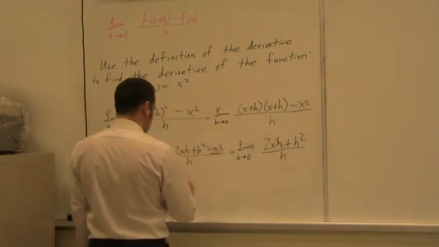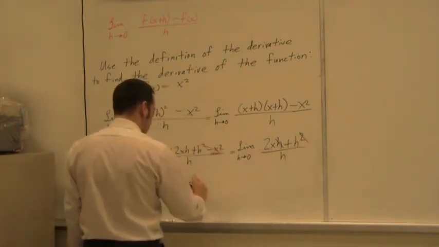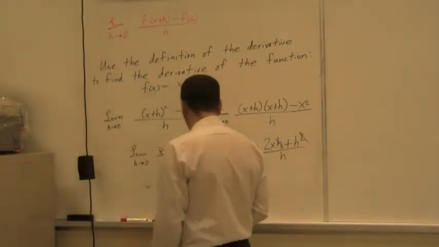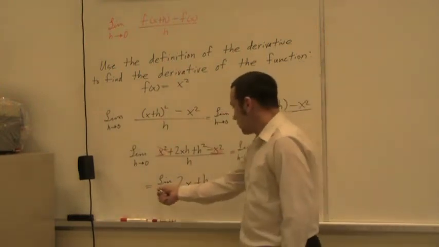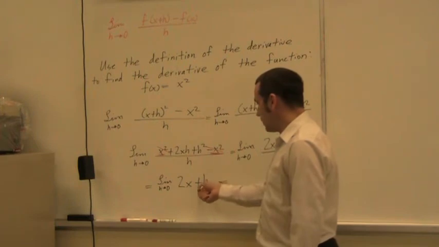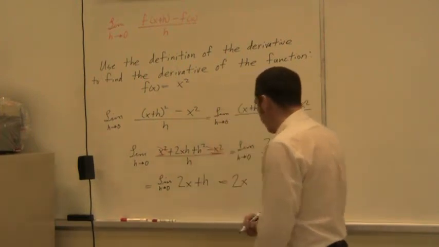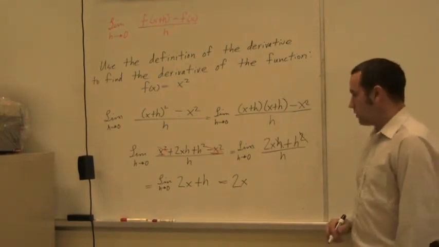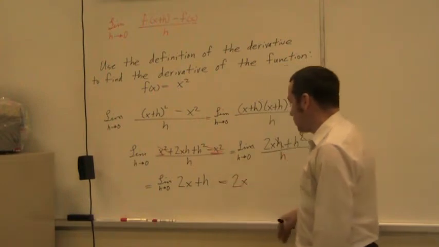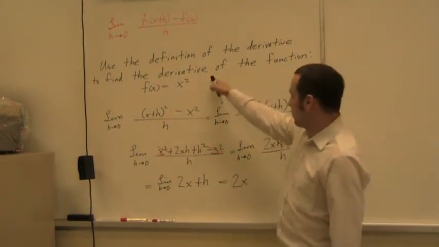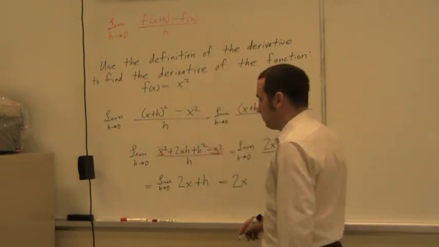One of these will cancel and I'll be left with just 2x. This will cancel with the power of 1 here and I'll be left with h. Now it's easy to see that if h goes to 0, then this becomes 0 and I'm left with just 2x. So there's a very quick, easy demonstration of how to get the derivative of x squared from the definition.